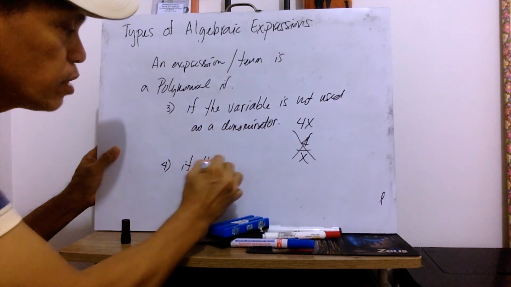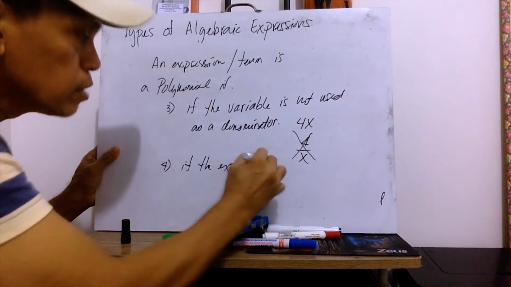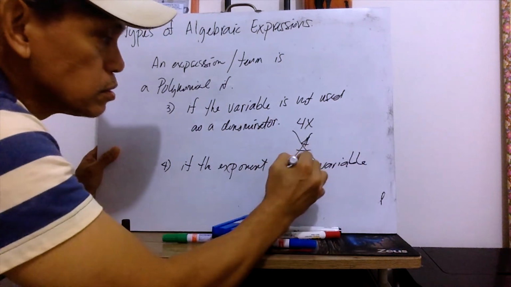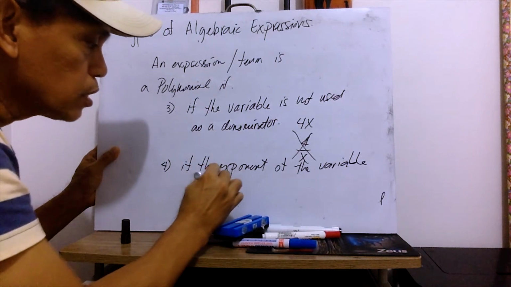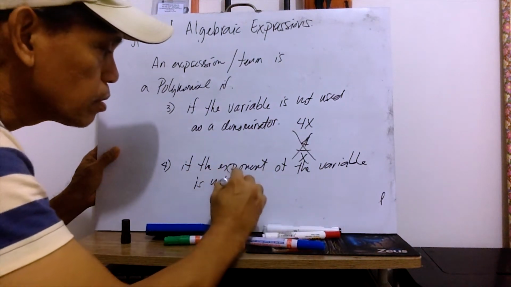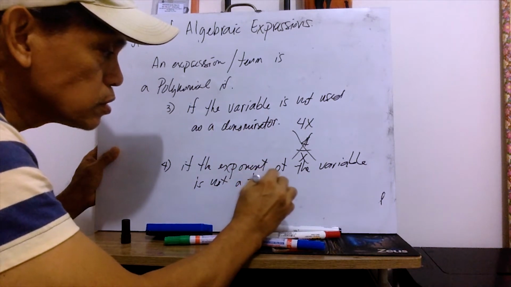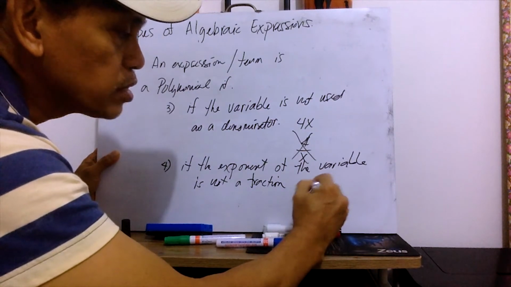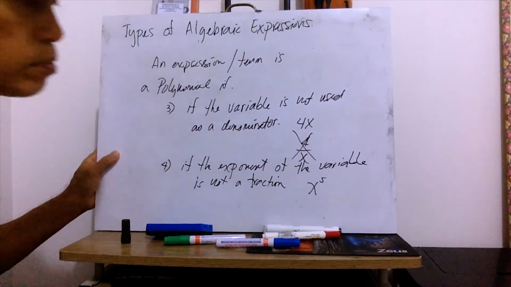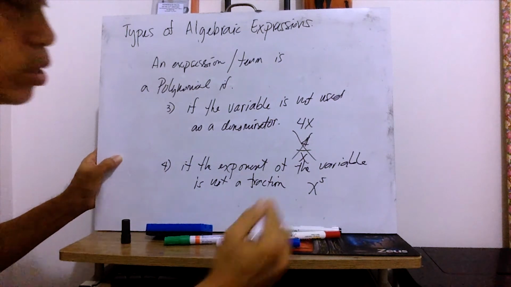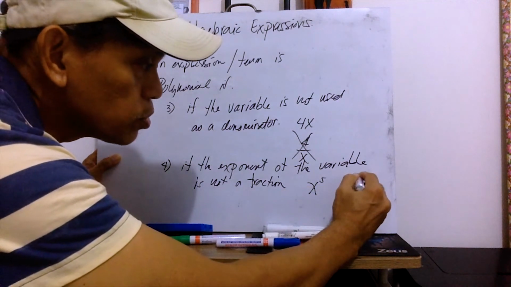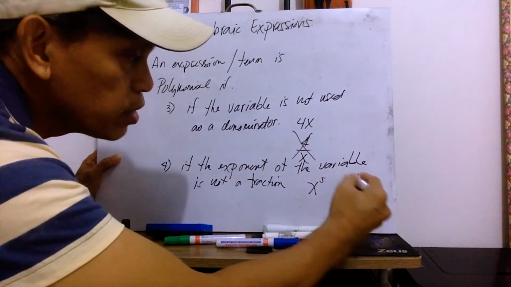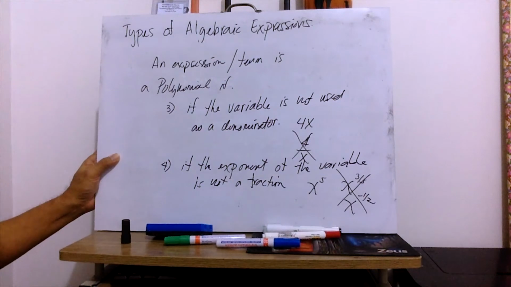If the exponent of the variable is not a fraction. Okay. If x is raised to 5, that's a polynomial. But if I raise x to 3/5, or if I raise x to negative 1/2, then this is not a polynomial.